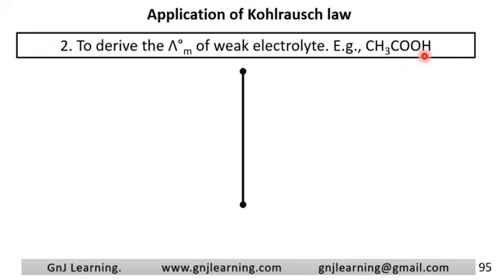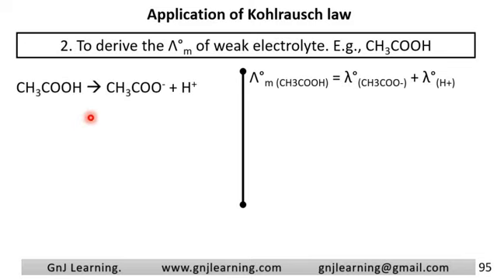According to Kohlrausch's law, lambda M0 of this electrolyte is contributed by lambda 0 of CH3COO minus and lambda 0 of H plus, because CH3COOH dissociates to give CH3COO minus and H plus ions, isn't it? Now, it has two ions like this, one positive and one negative. He selected two electrolytes that have these ions in common.